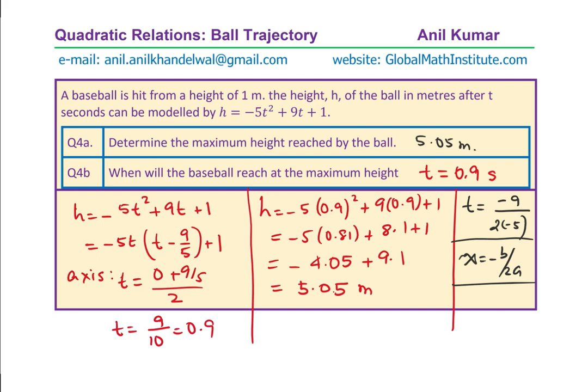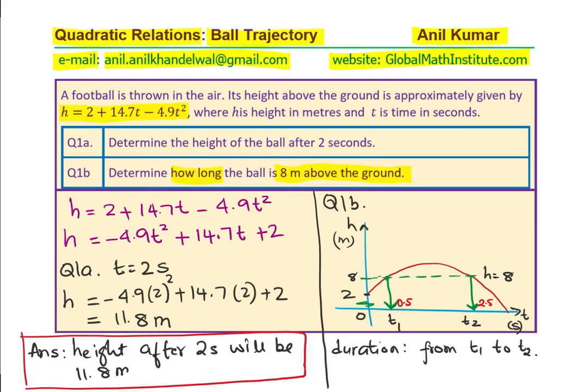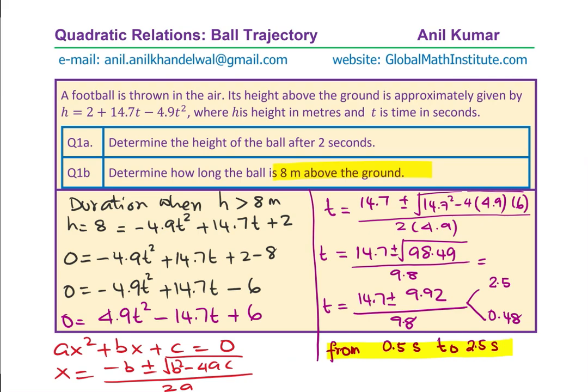So what you notice here is that we did solve these questions, right? Question number 1, we used substitution, t equals 2, and then we worked out the times using the quadratic formula, and then got the answer.